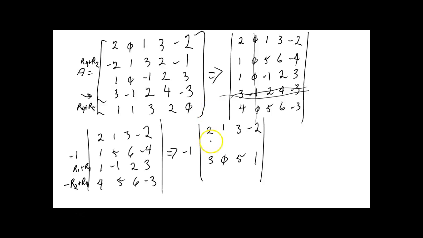Okay, we're using row 2, so let me write down row 2. 1, 5, 6, -4. Okay, and that will be a 3 down here, a 0 here, a 0 there, and a 1 there. Okay, some unexpected consequences there. Okay? All right.